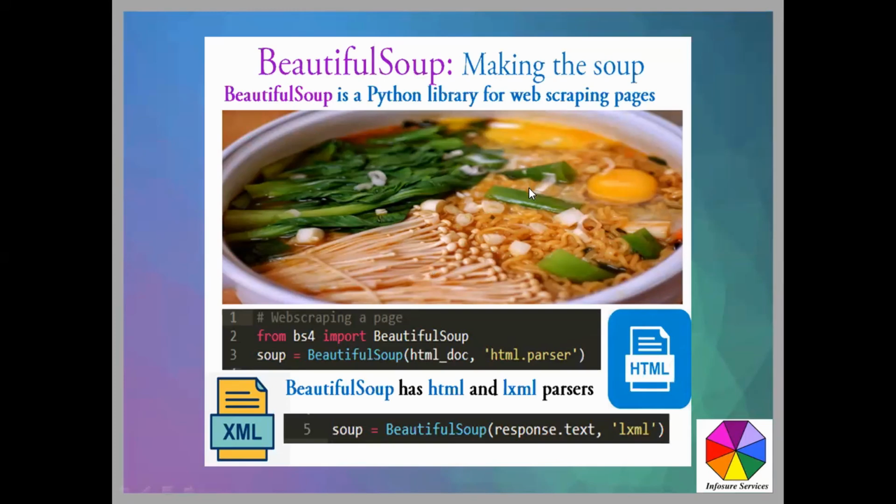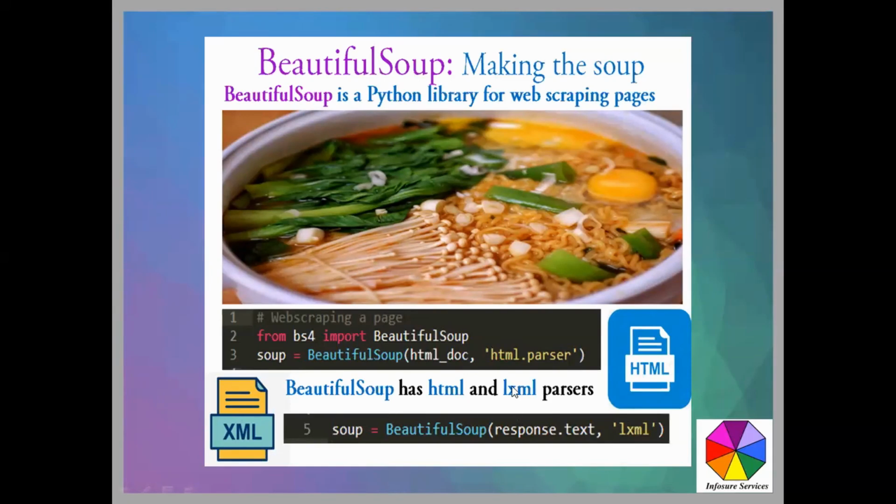Once you install Beautiful Soup, you use this line of code: from bs4 import BeautifulSoup, and pass the HTML doc. There is an HTML parser and there is an XML parser as well.